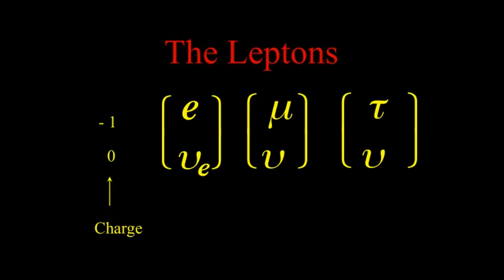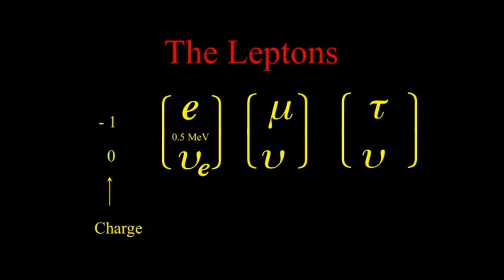And if we again think about electric charge, all of these things in the top row have a value of charge equal to -1 e, or in other words, the same charge as the actual electron, minus 1.6 times 10 to the minus 19 coulombs. The lower row of particles, the neutrinos, all have a value of charge of 0.